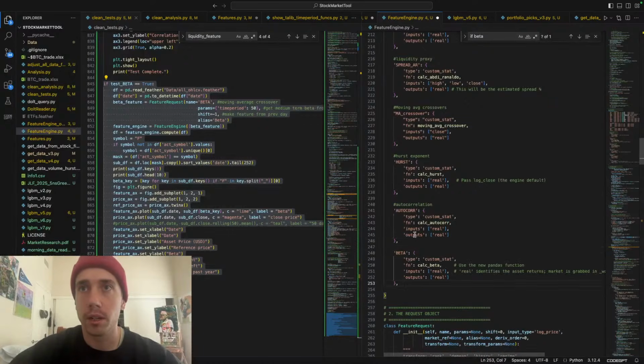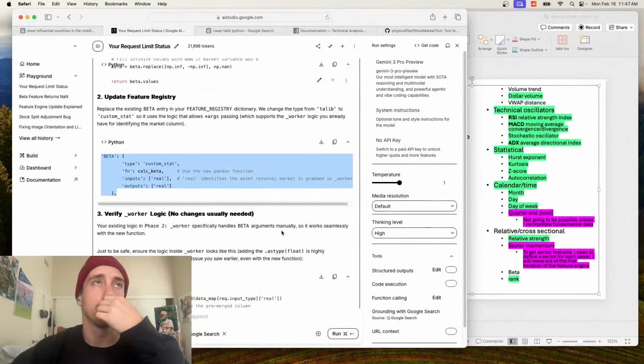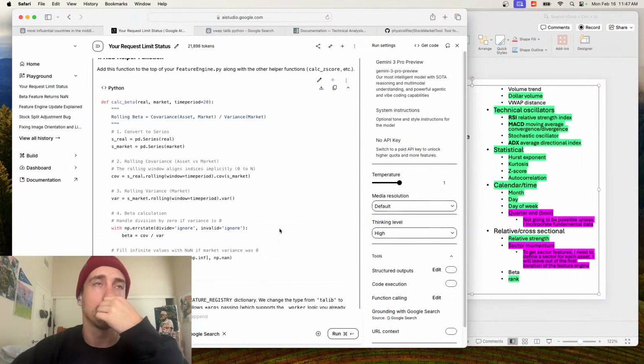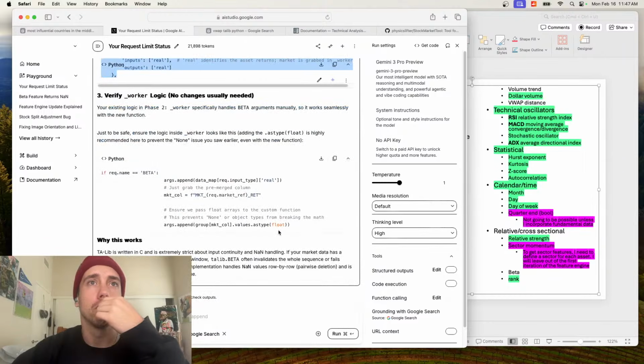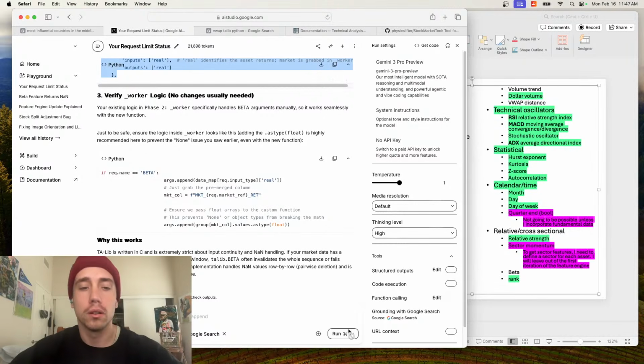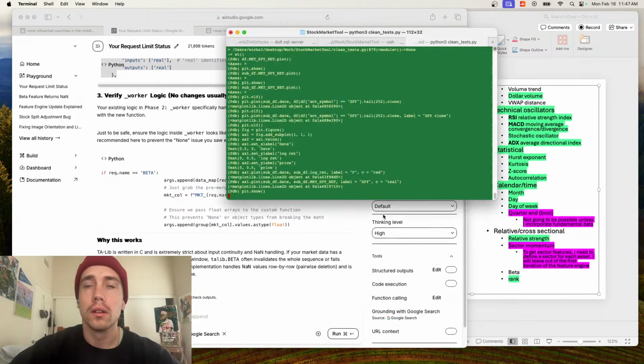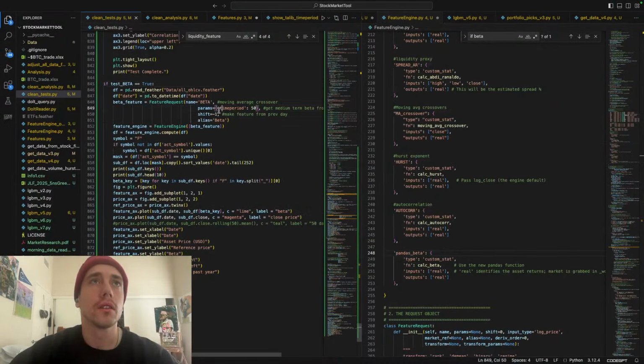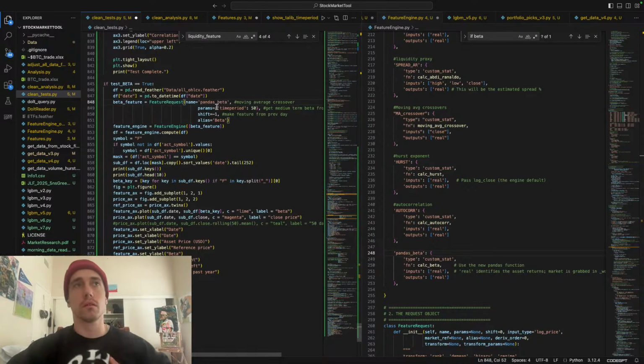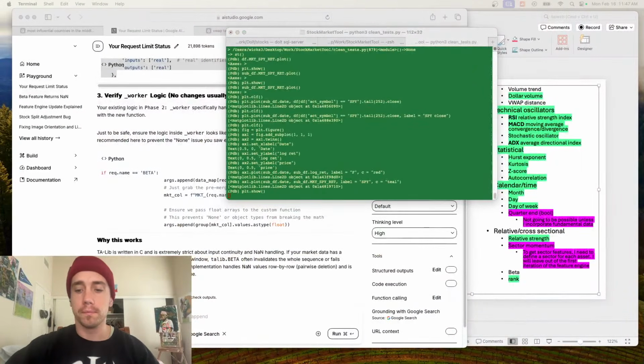I'm just going to call it pandas beta. Okay, so now if I change the test, feature request name is beta, name is pandas beta. Let's see what that looks like. Do we get something?